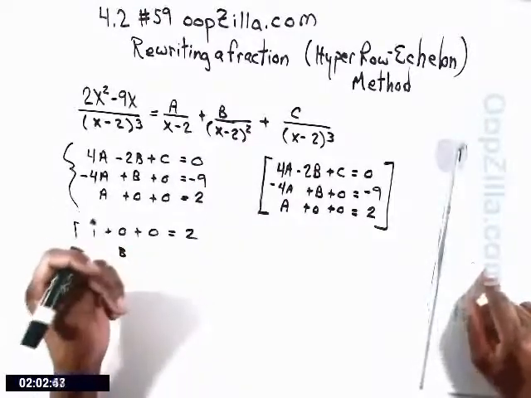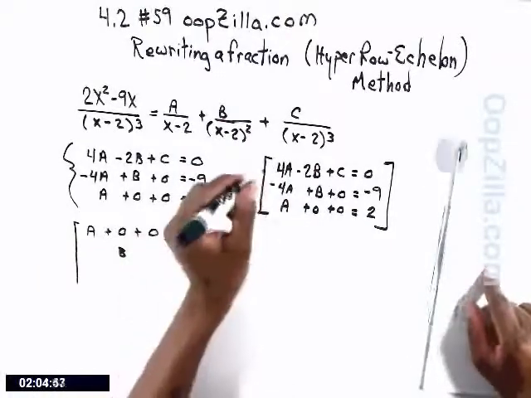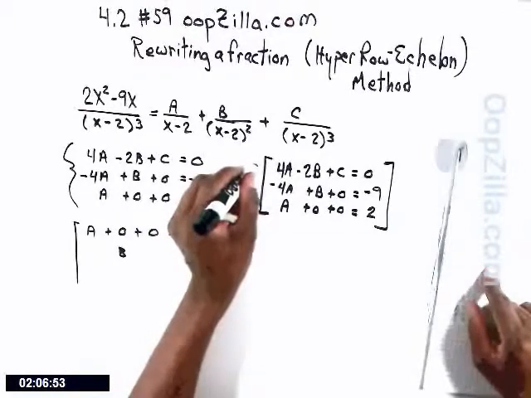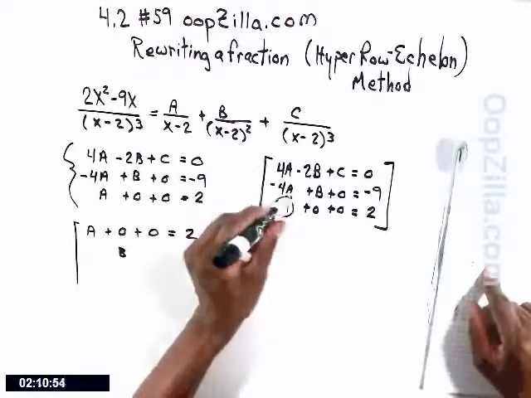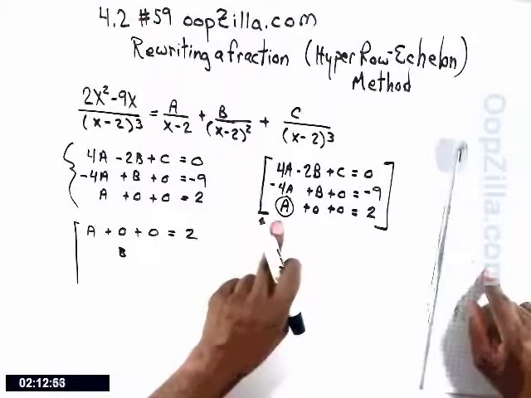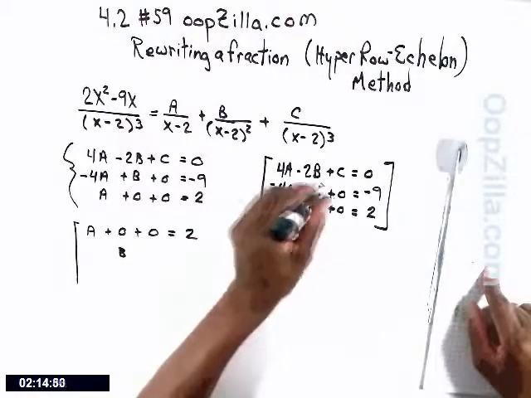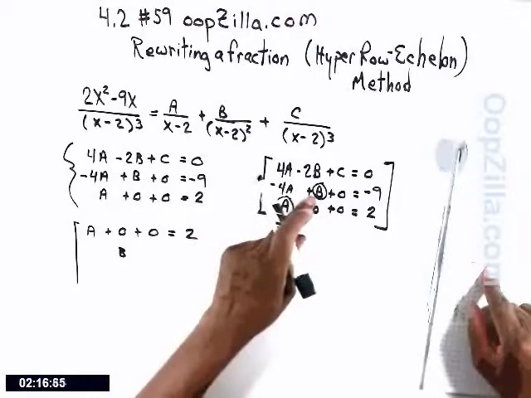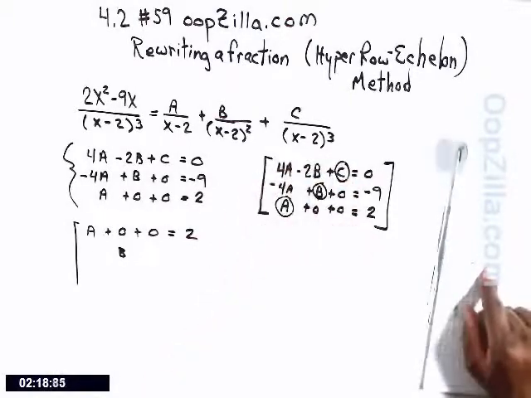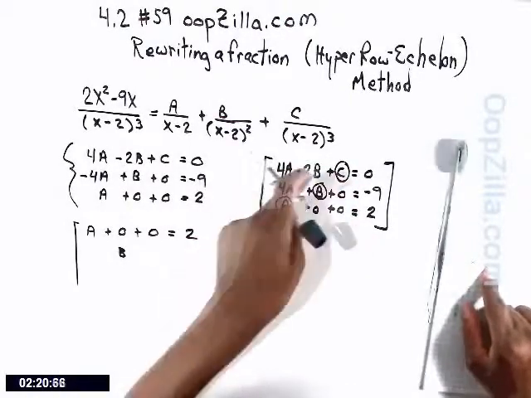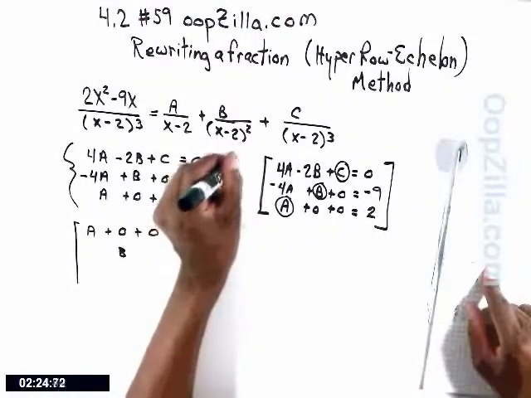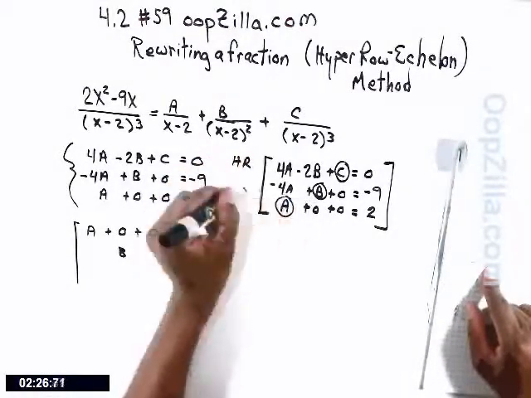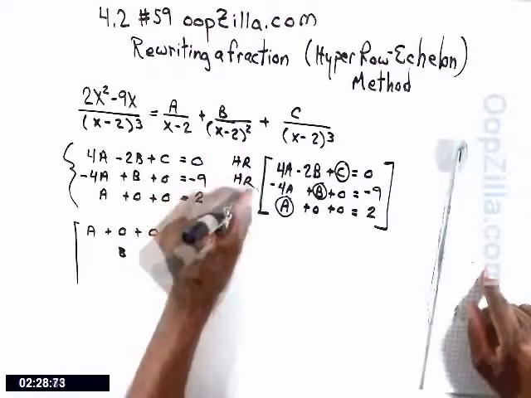You don't really have to multiply by anything, because I wanted this A, and he had nothing in front of him. This B had a coefficient of 1, and this C had a coefficient of 1, so I didn't need to multiply through by anything. All I had to do was put this in row echelon form, and that was it.